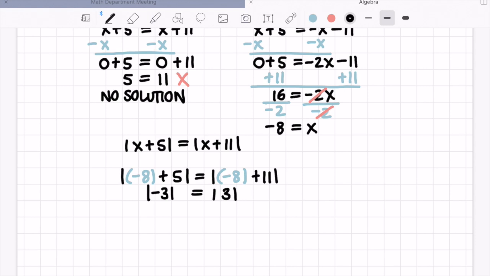And so right here, I have the absolute value of negative 3, that equals positive 3. Absolute value of positive 3 also gives me positive 3. So in the end, I know that this is correct. Therefore, my answer is x equals negative 8.